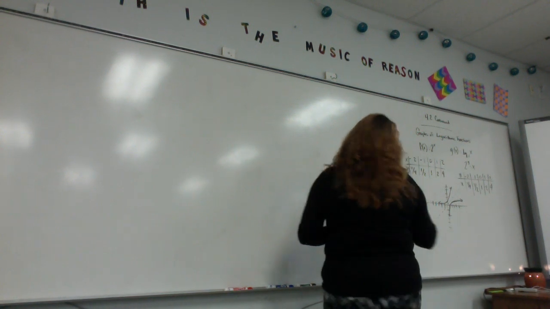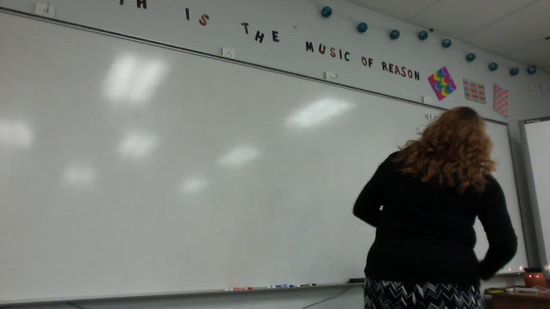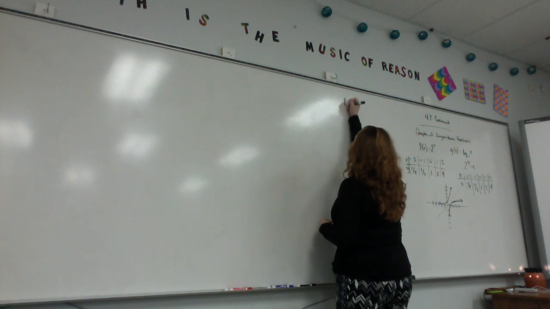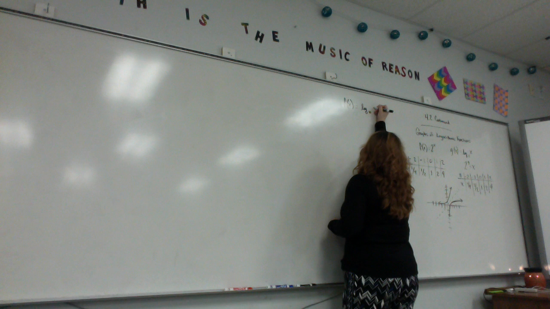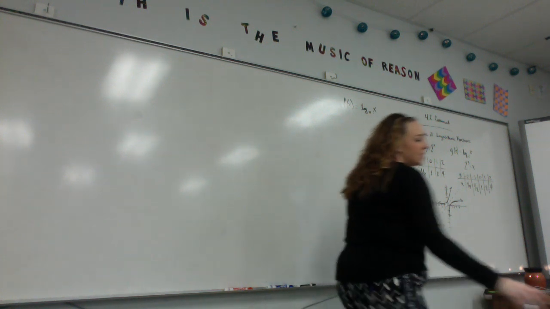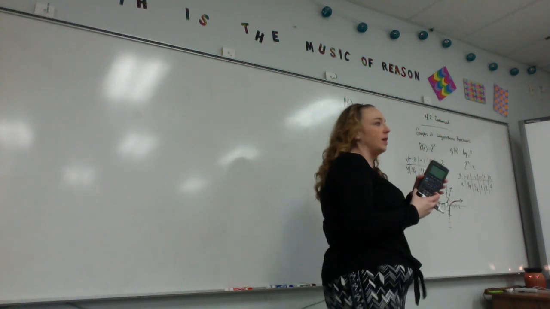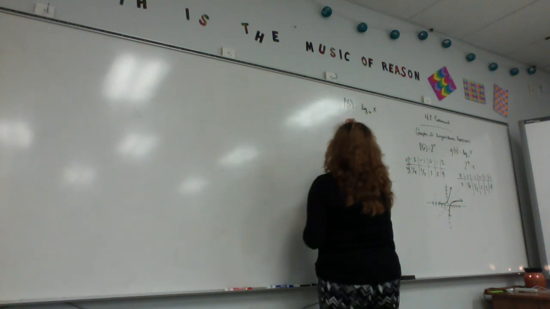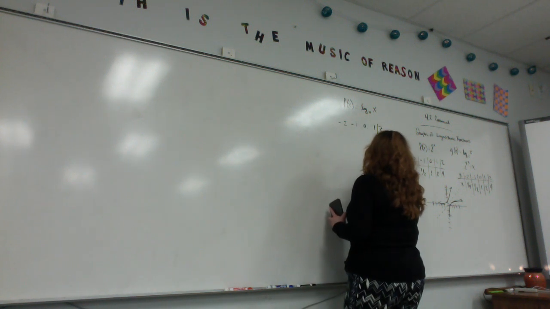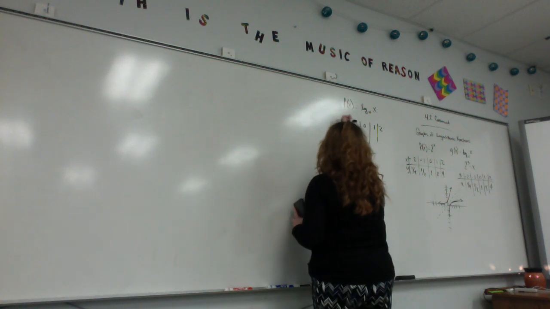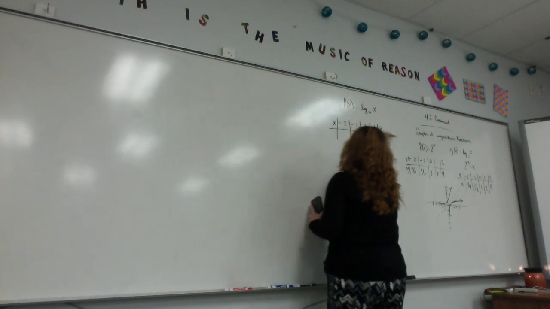If I have a base of 10, and let's say I have something that says log base 10 of x, and they want us to graph f of x equals log base 10 of x. If it has a base 10 of x, that's the button that says log on your calculator. So once again, I would take -2, -1, 0, 1, and 2, and I'm just going to plug those numbers into x.